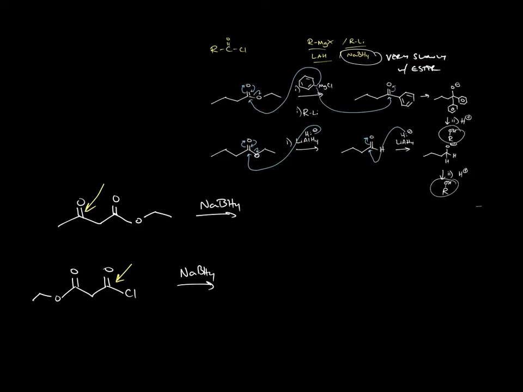So there can be a reaction between sodium borohydride and an ester, but it happens so slowly that if there's any other competing location for that sodium borohydride to react, that is to say any other electrophile in the molecule, it would attack at that spot first.